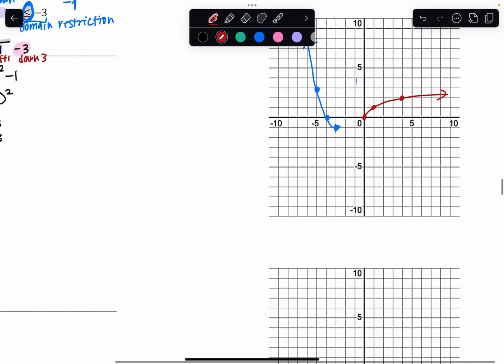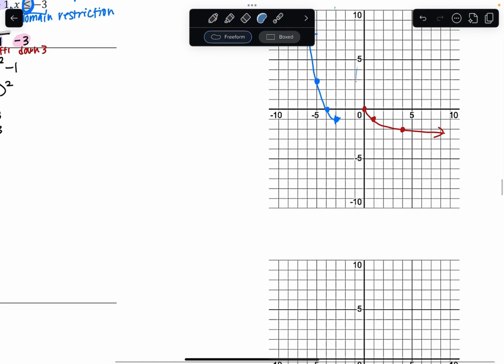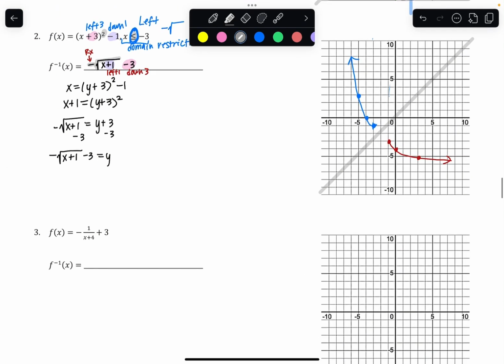So the reflection across the x-axis, these points are going to flip downward, and so this part is gone, and our square root function is now upside down. And then now we can shift it left 1, down 3. And so you can tell that this function is a reflection across the y equals x line. And so each x and y coordinate should just be switched.